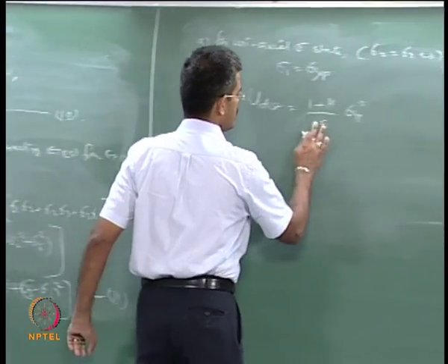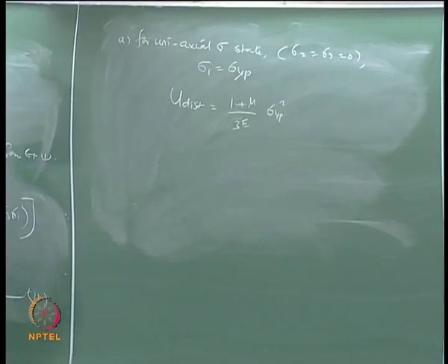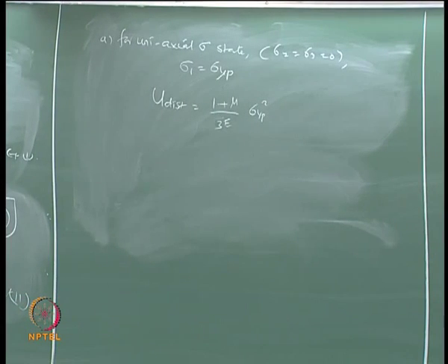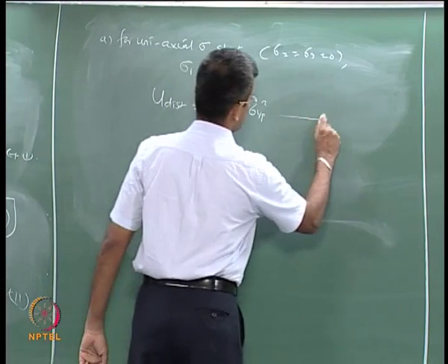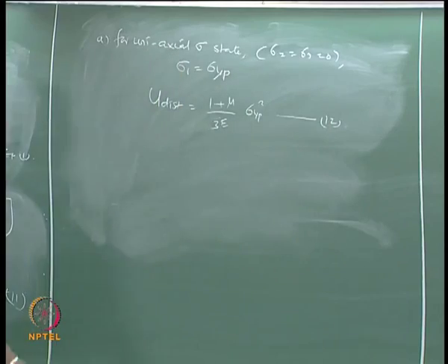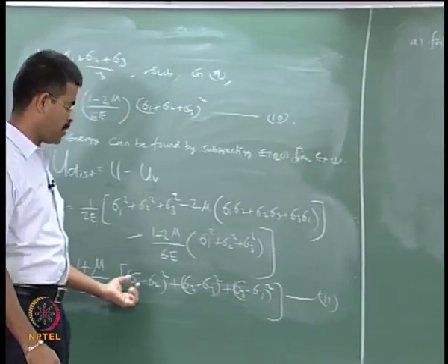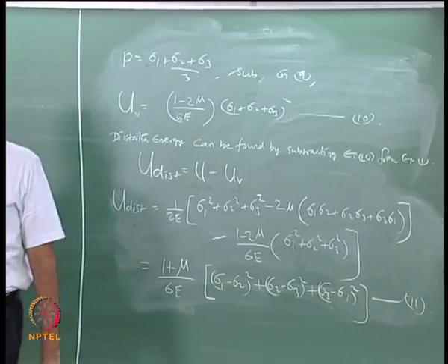So, equation 12, because there are two squares, one is sigma 1 here also, one sigma 1 here also, remaining all are 0.